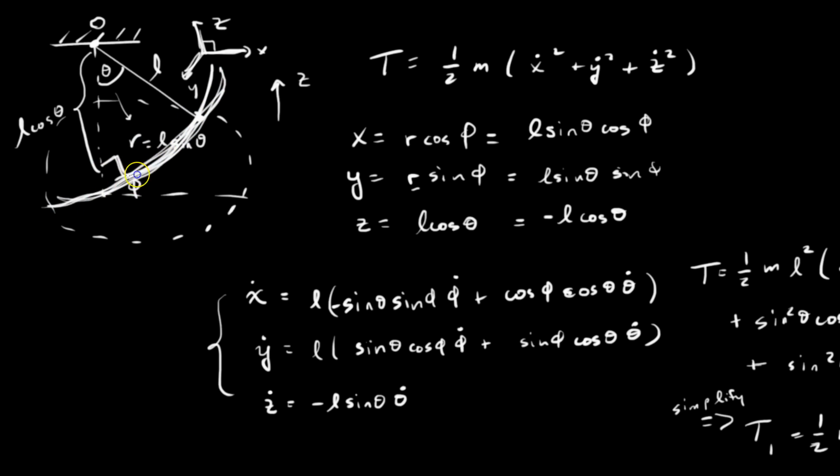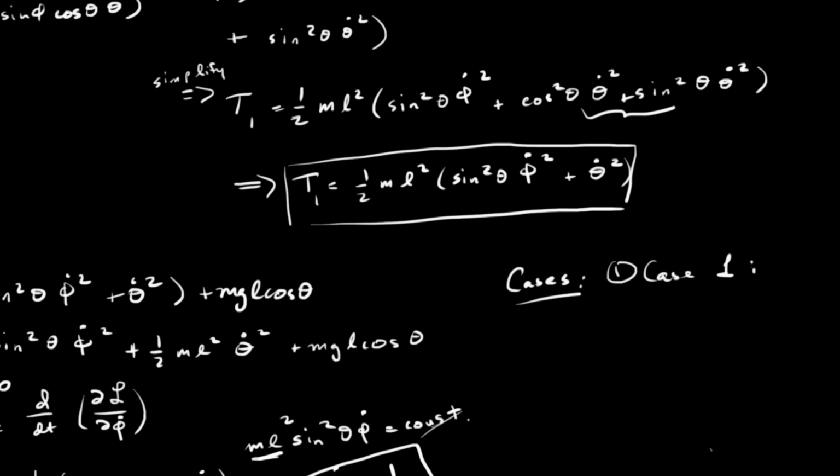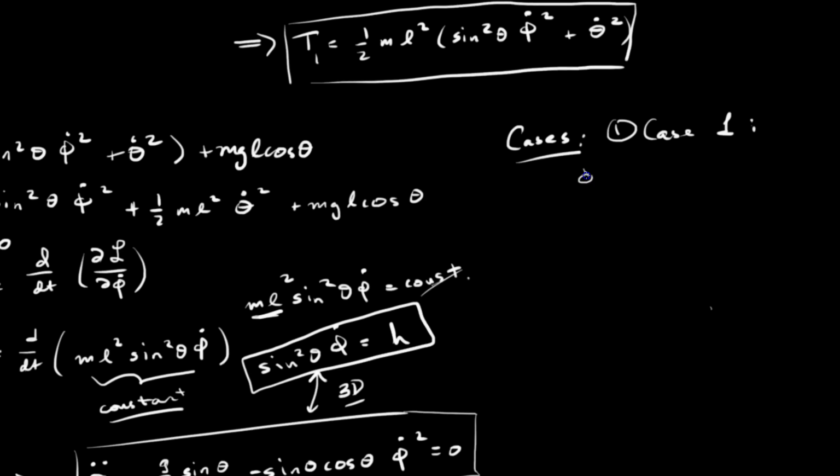So if it goes back and forth like that, then this angle here doesn't change, right? If it would change, then it would be a conical pendulum. So if it goes back and forth, that means that phi is constant, right? If it's constant, then it'll just go in this plane, like a regular pendulum. So case 1 is the case when phi is constant.